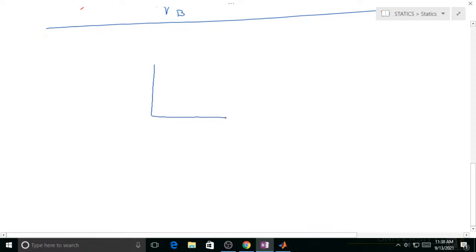Let's just do a particular problem and make it kind of simple. I got a vector. It's 50 long. It turns out that it's 40 here and 30 here.